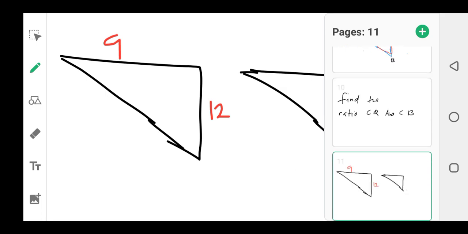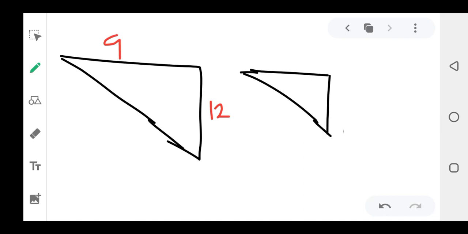Yeah, for the smaller triangle, so the larger triangle there it's 9, and then there it's for the smaller triangle there it is 3. Okay.